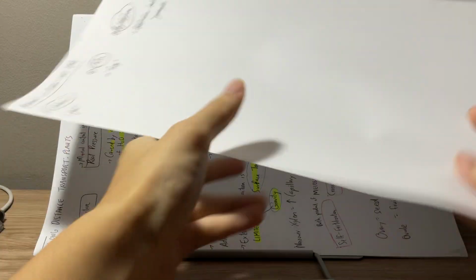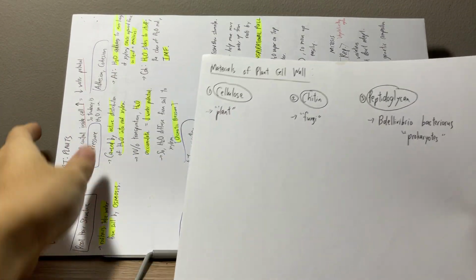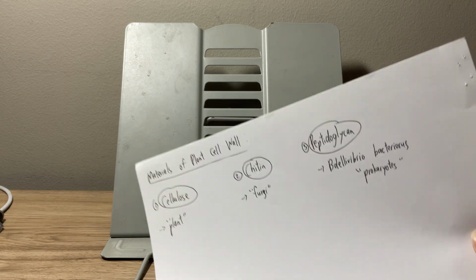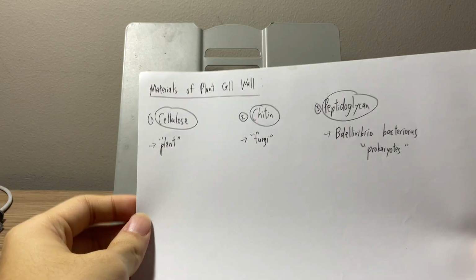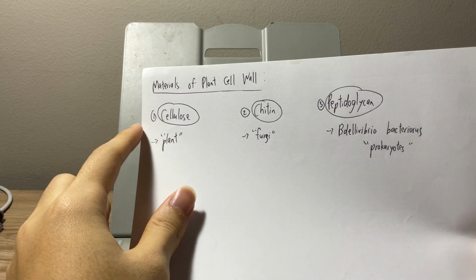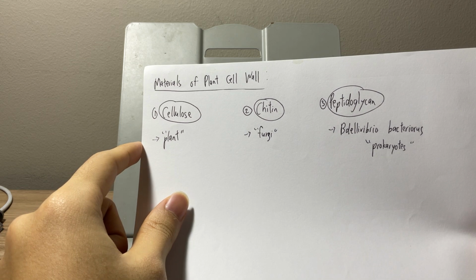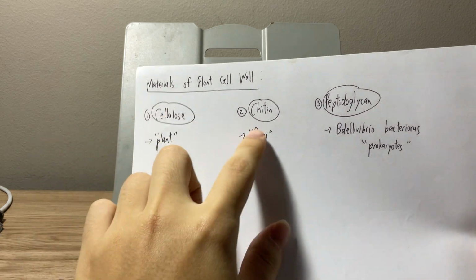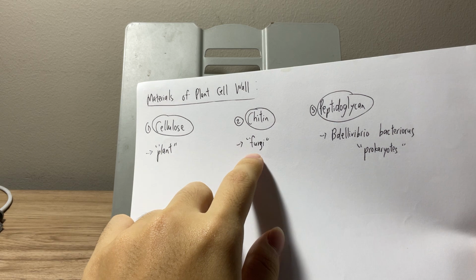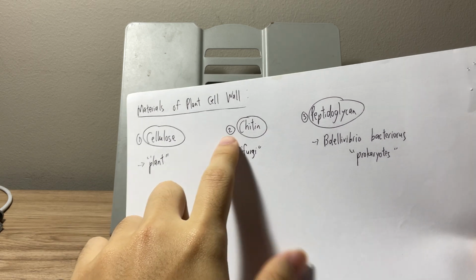Okay, what is this? Materials of the plant cell wall. Okay, this is easy. There are basically three materials. Let's remove this first. Okay, so materials of a plant cell wall, we have cellulose. So this is for plants. For fungi, their cell wall is made out of chitin.